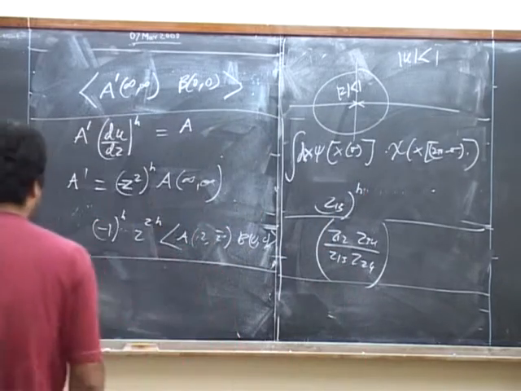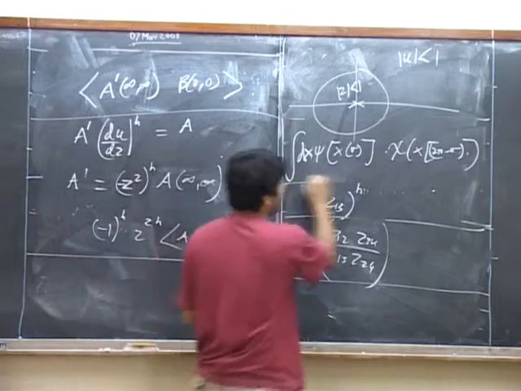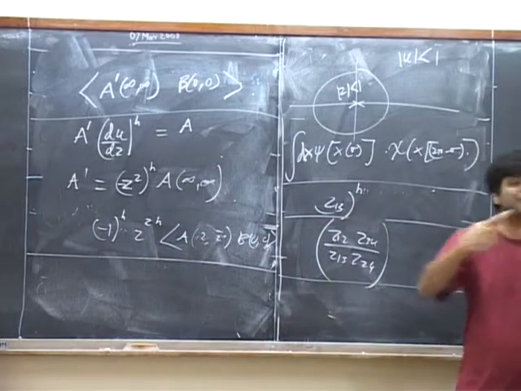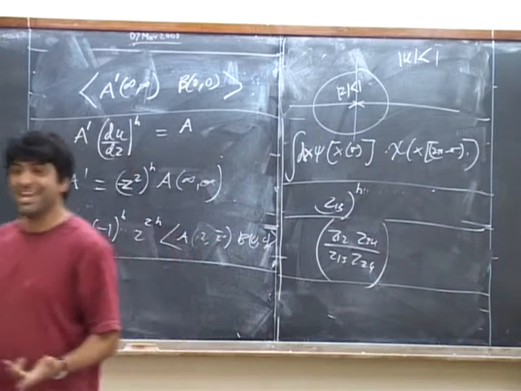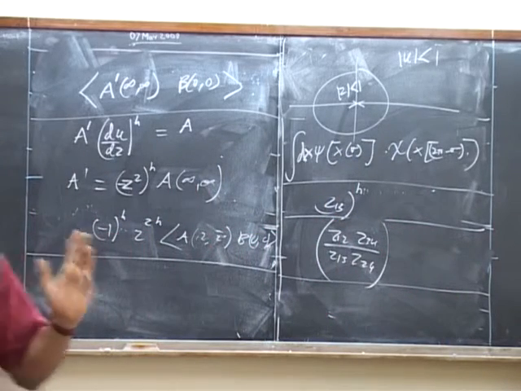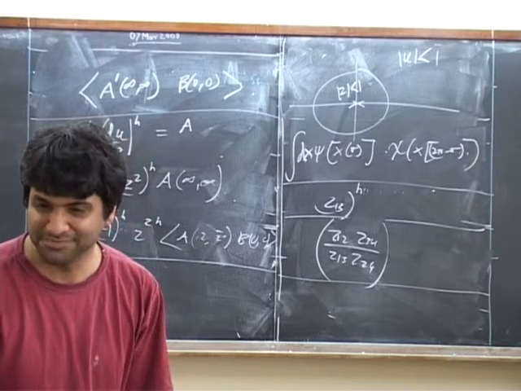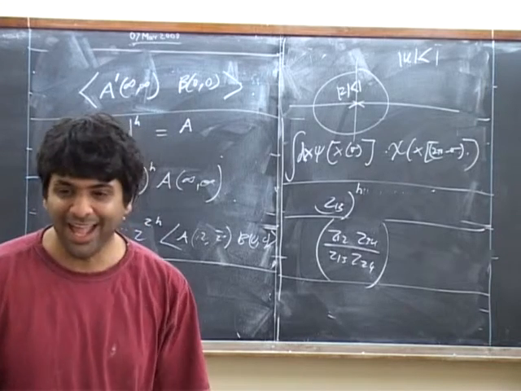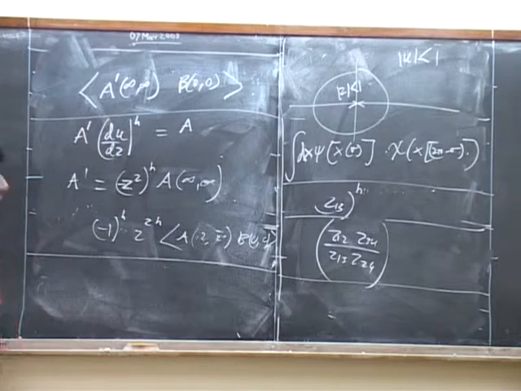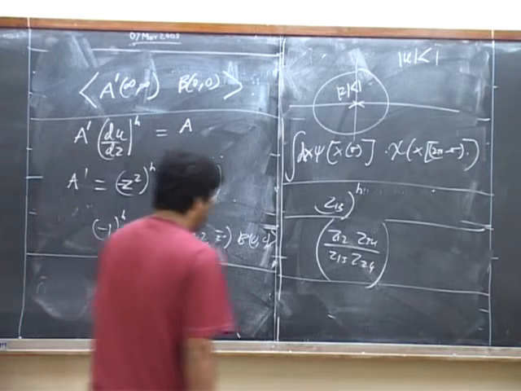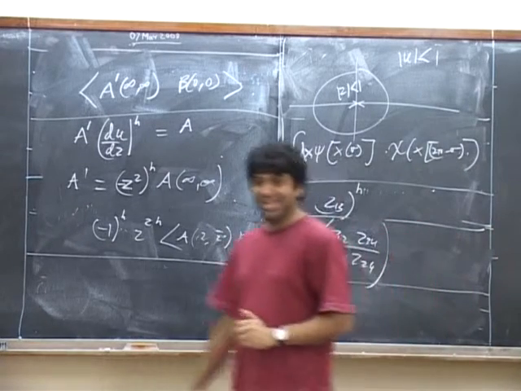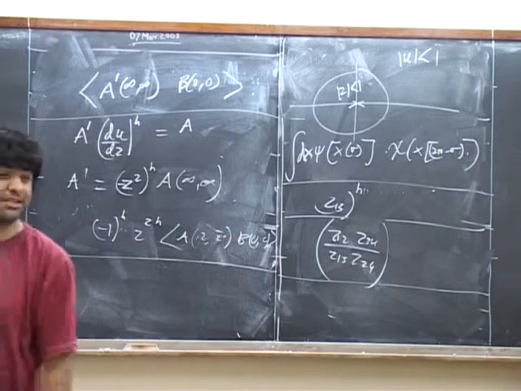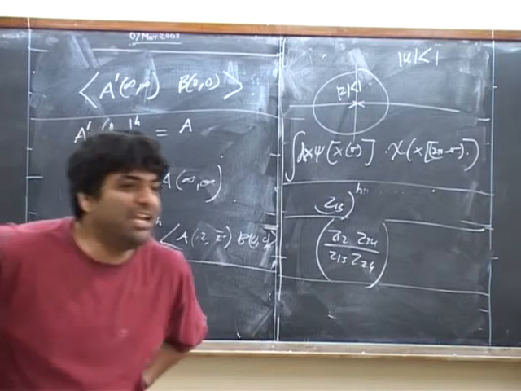It's some sort of number that you get by pairing two wave functions. You might be tempted to first guess that this should be thought of as an inner product between the two states. But it can't quite be an inner product.